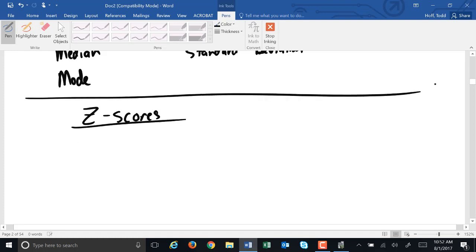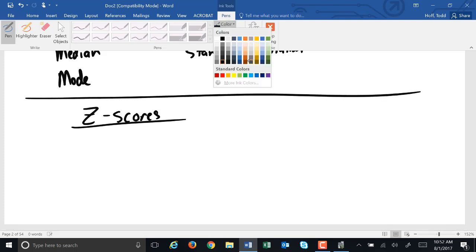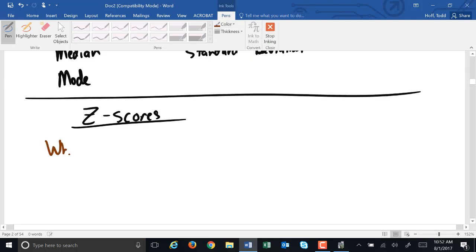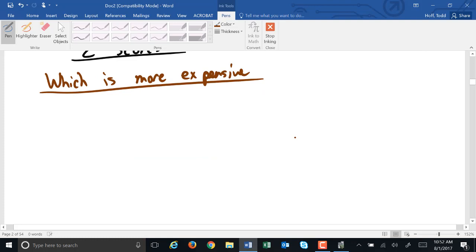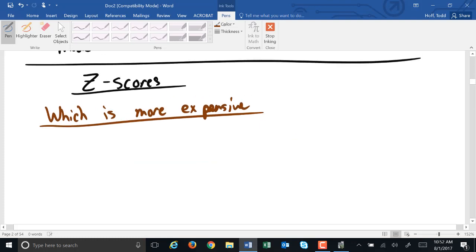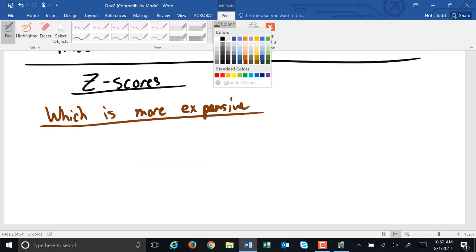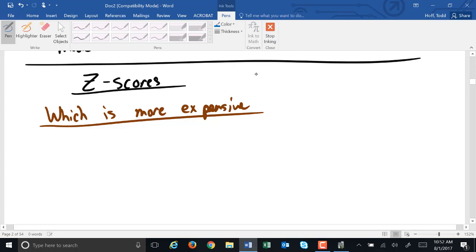For example, which is more expensive? Let's say you go to a doctor and he gives you an x-ray and charges you $400.